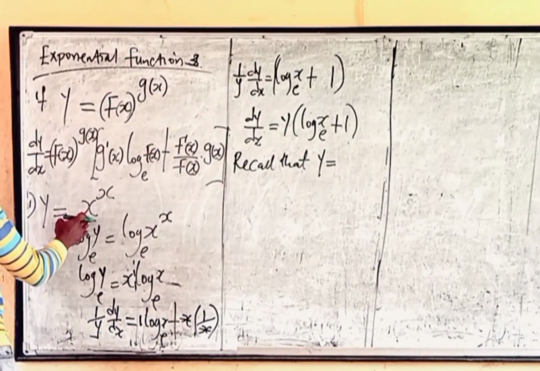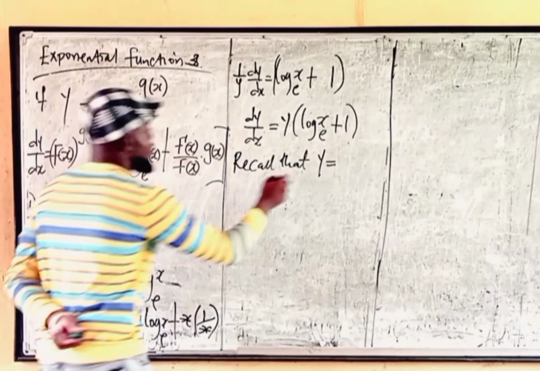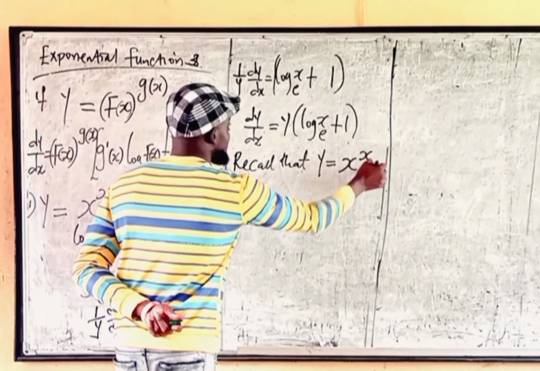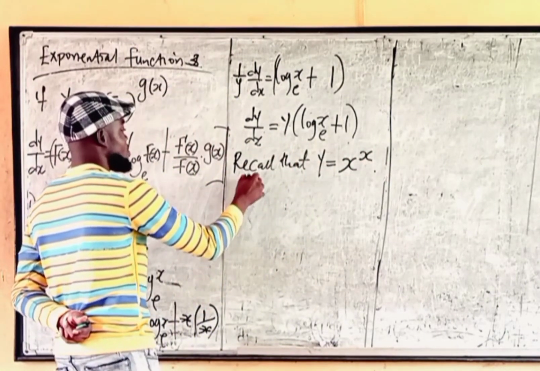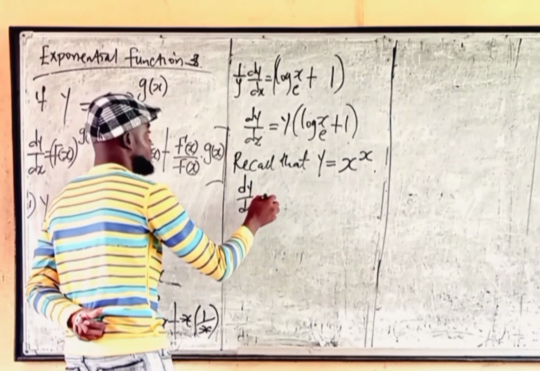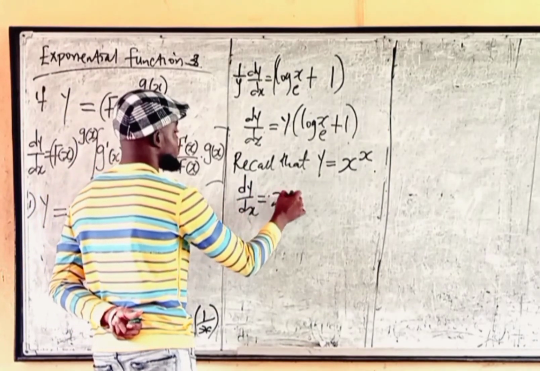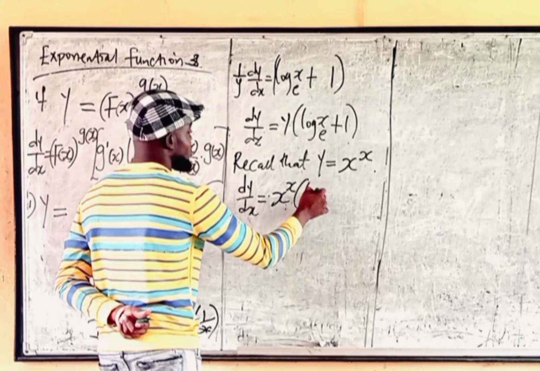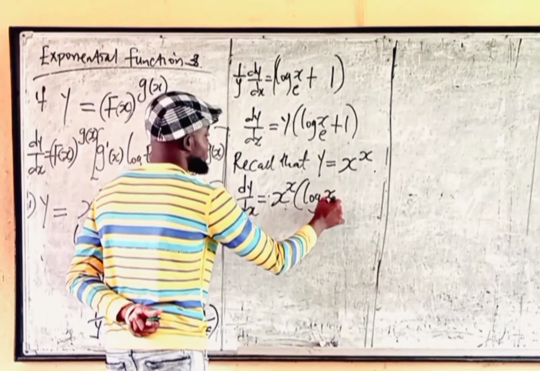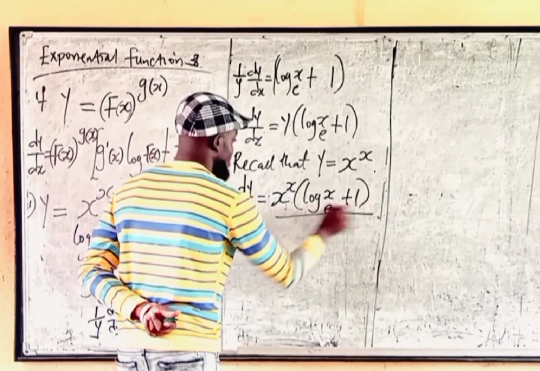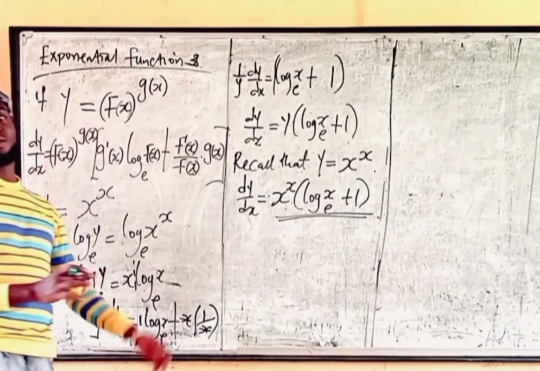From the question, y is equal to x square x. So y is equal to x square x. So dy over dx will now be equal to x square x times log x to base e plus 1. That will be the final answer.